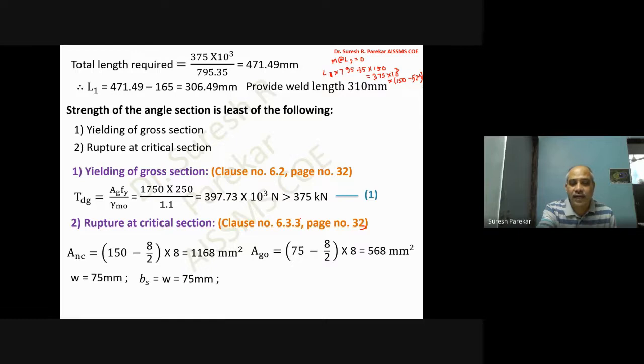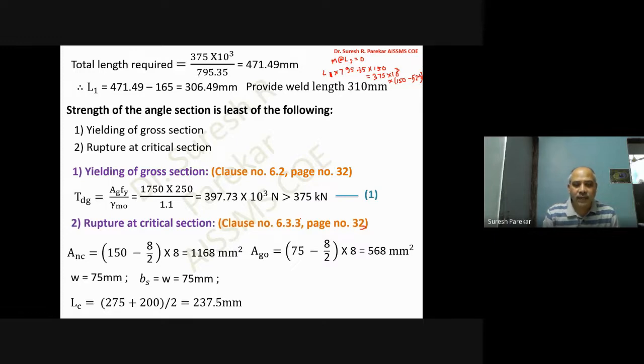In this welded connection, if we see the figure above clause number 6.4, we have two figures: in the bolted connection, Bs equals w plus w1 minus t, and in the welded connection, Bs equals w. Now in Lc we are going to consider three criteria.